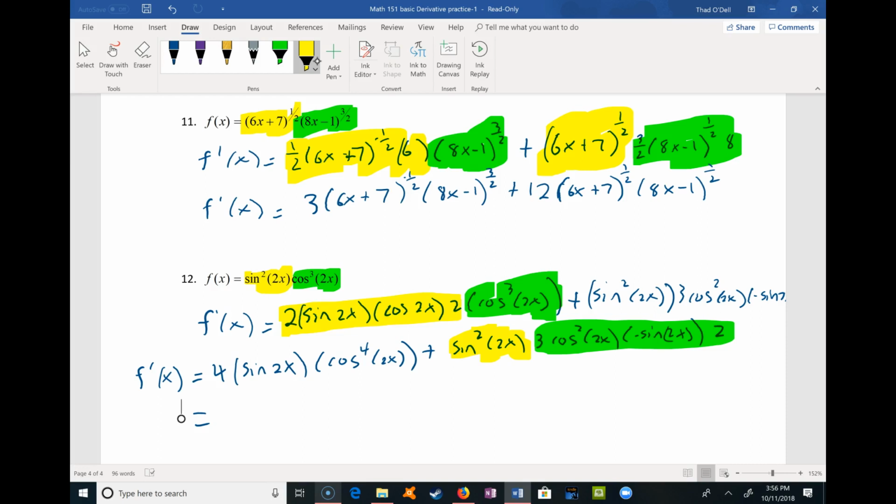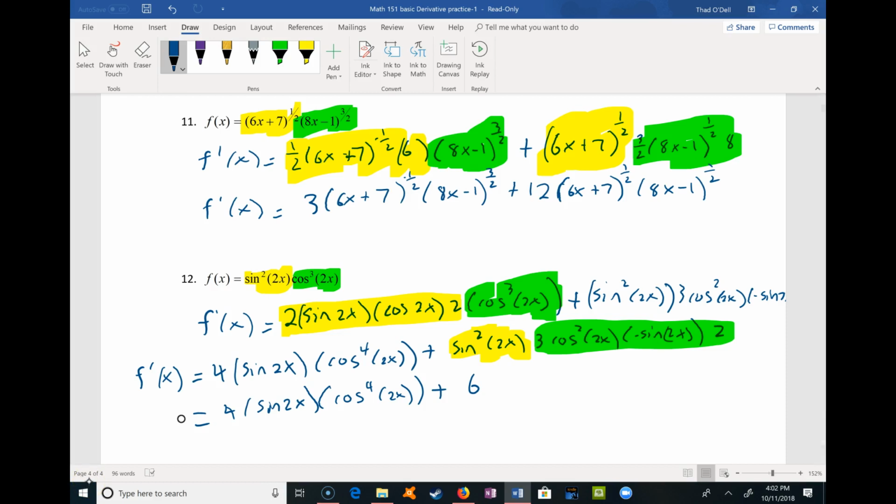Okay. Now let's clean everything up. This one's already clean. 4 times sine of 2x times cosine to the 4th power of 2x. And then here, I have a 6.